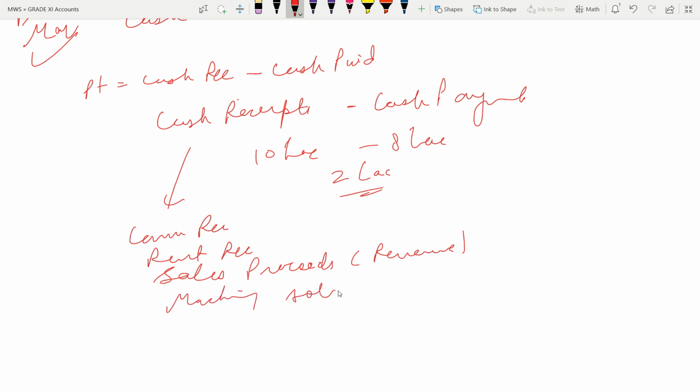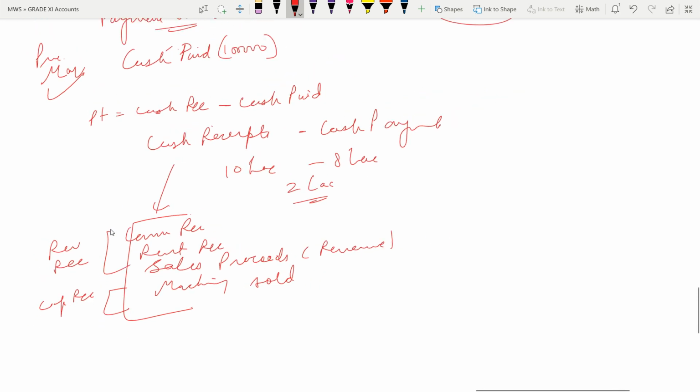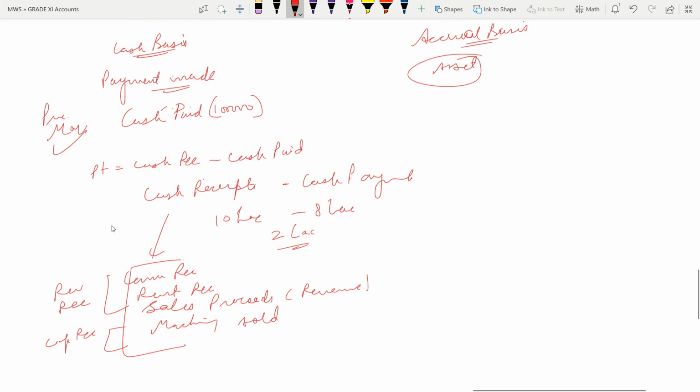You have sold the machinery, then also you will receive the cash. Fine. So there is no distinction between revenue and capital expenditure or receipt. This is a capital receipt, and this is a revenue receipt, but there is no distinction in cash basis. The same is possible to distinguish in accrual basis.